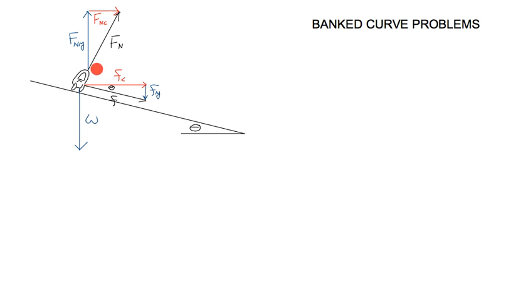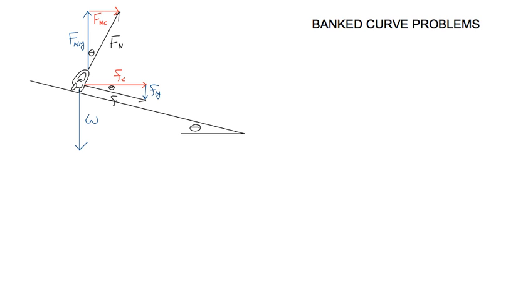So these two are complementary. If these two are complementary and those two are complementary, two angles that are complementary to the same angle are congruent. So if that's theta, this is also theta. I can put that in also as theta.